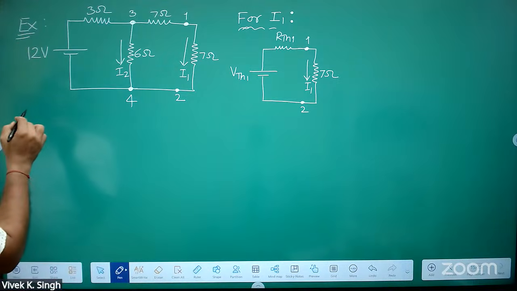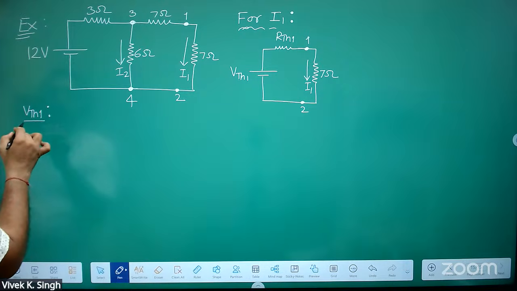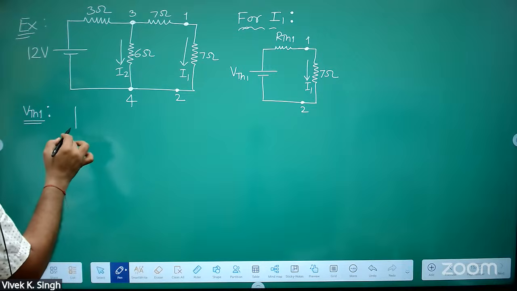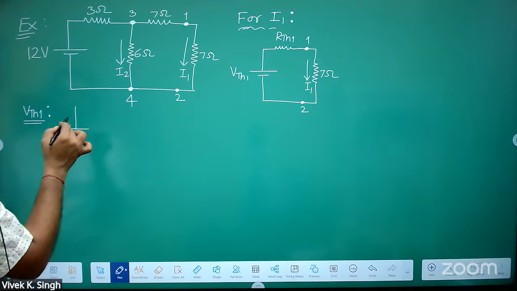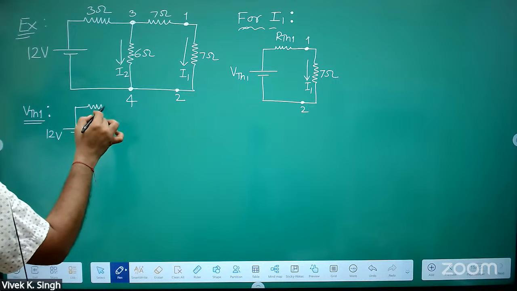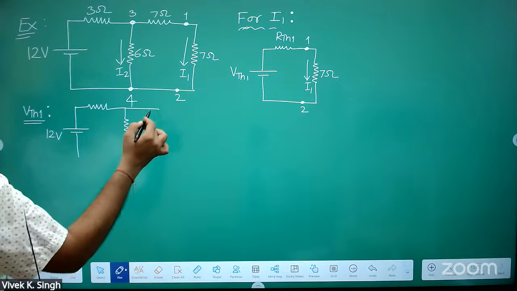So let's see what will be the open circuit voltage in this case. Open circuit voltage. This will be 12 volt. This is 3 ohm. This is 6 ohm.